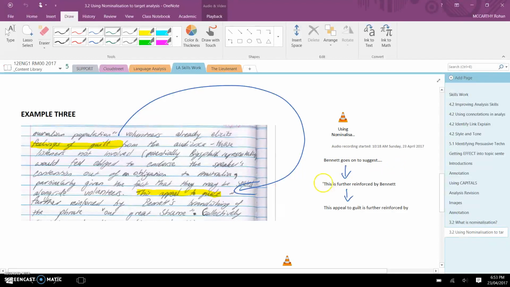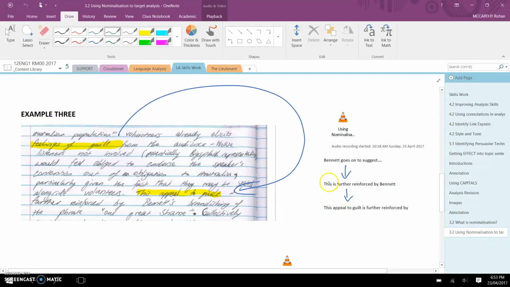The more sophisticated way is to say, well, this, as in all of this stuff up here, is further reinforced by Bennett. But can you see that if you're just saying this, I know I keep saying the word this over and over again, it's not very specific. It doesn't really tell us, or the reader or the marker, what you're talking about. It's just simply pointing at things and hoping that the reader themselves is making the connection.